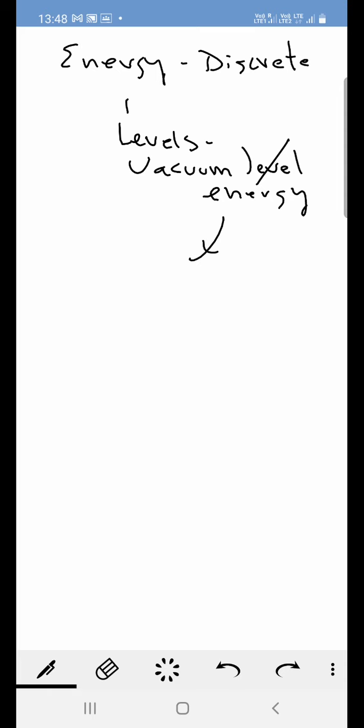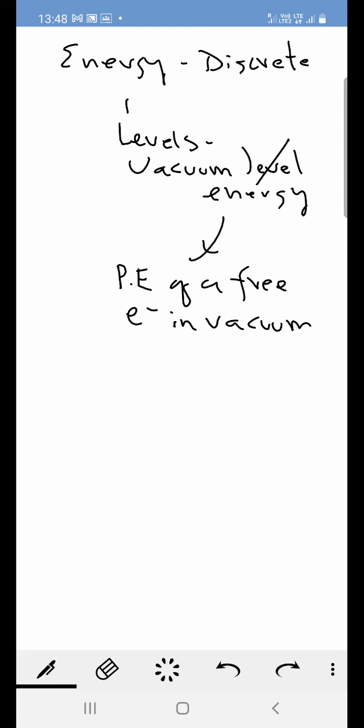This vacuum energy is defined as the potential energy of a free electron in vacuum. Now, if an electric field is present, the vacuum energy will vary with position.